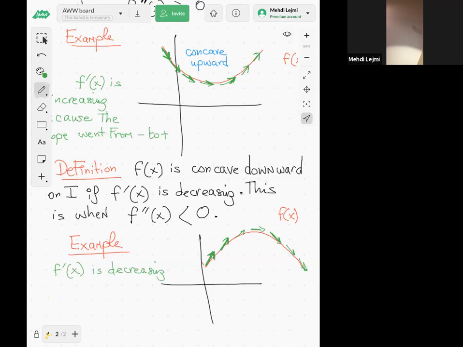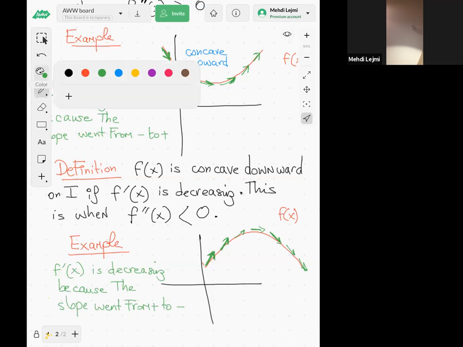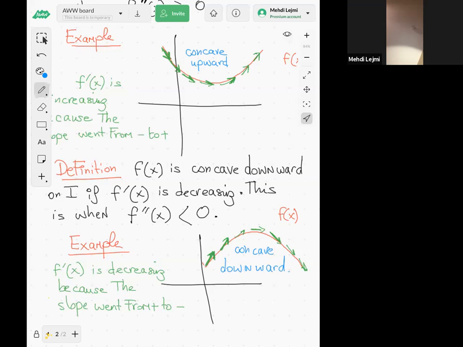So if you go from positive to negative, it means that your derivative is actually decreasing, right? So f prime of x in this case is decreasing because first we had the positive slope, but then the slope becomes negative. So because the slope went from plus to minus, the function is concave downward. So concave upward is like a parabola which opens up, and concave downward is like a parabola which opens down.